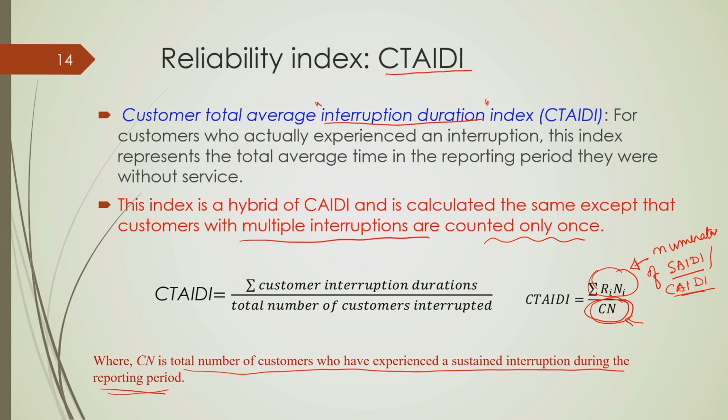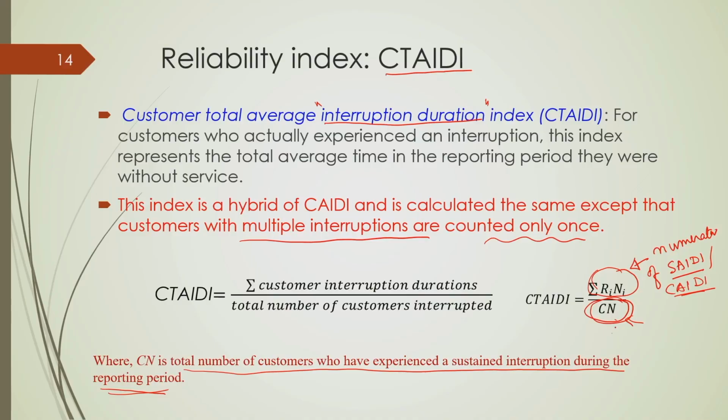So, here this CN excludes the multiple interruption events for a particular customer, and in order to get the value of CN, we only count the customers who are affected or who experienced this interruption.